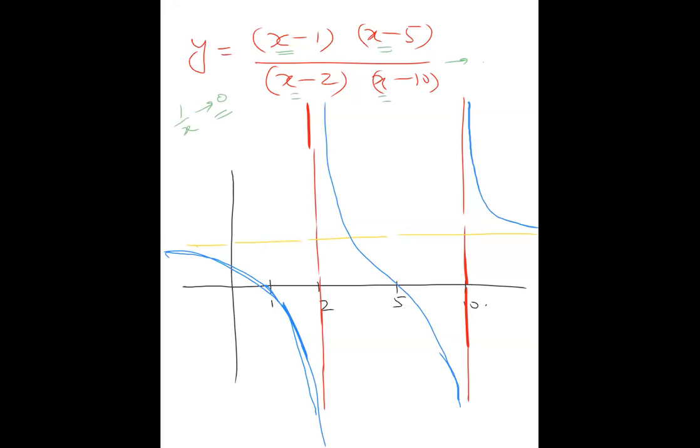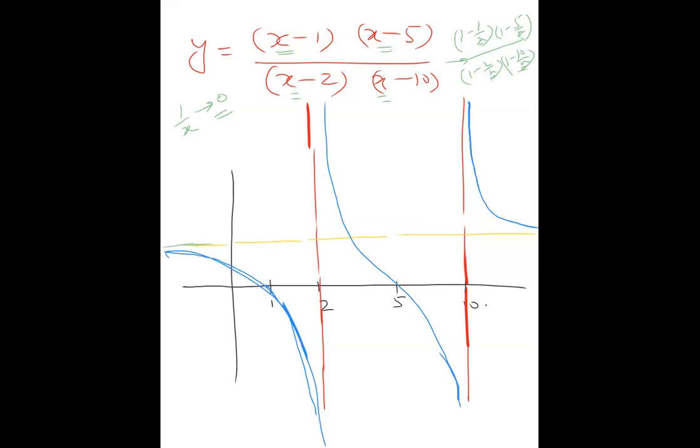So I'm taking x common from each and every term, and I'm getting (1 minus 1/x)(1 minus 5/x) upon (1 minus 2/x)(1 minus 10/x). X is tending towards infinity, so these are 0, 0, 0, 0. So this is 1. So this is tending towards 1.